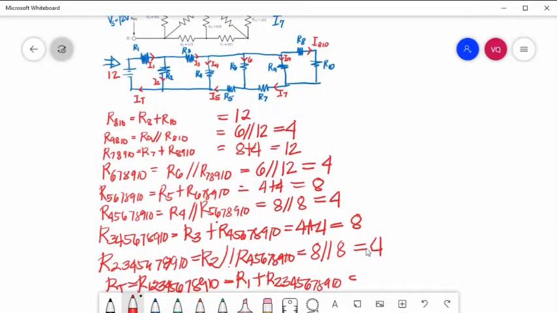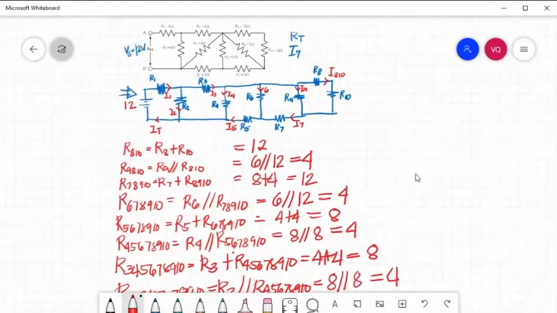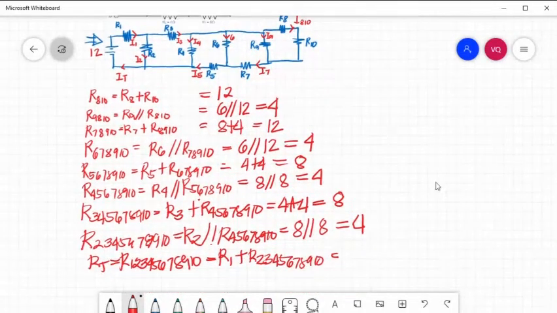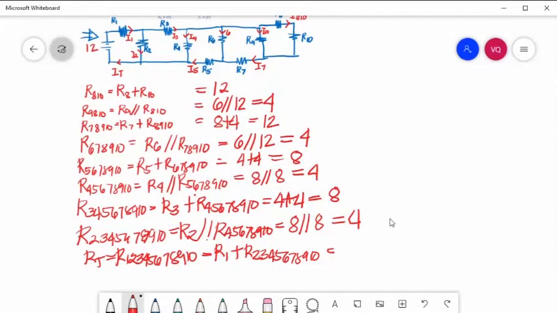In series with R1, which is equal to 6. So your R total is equal to 10. 6 plus 4 is equal to 10 ohms.